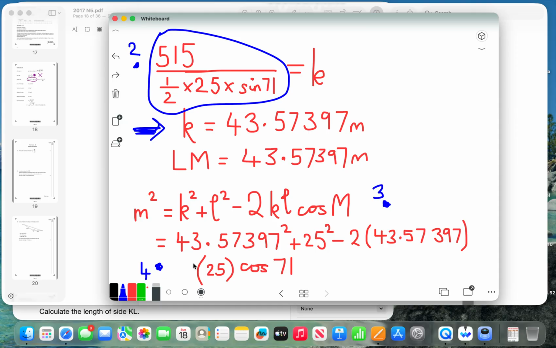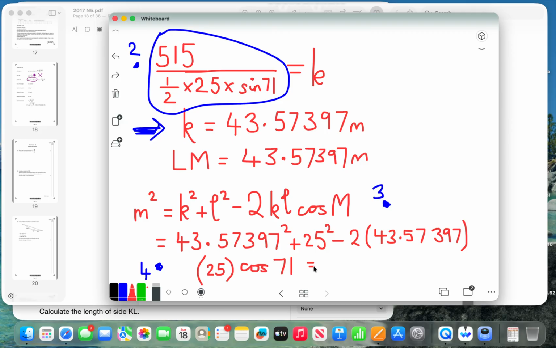And the last mark would be for the final answer. So we want to find the value of m squared. Make sure you know which terms have a squared and which don't have a power. So make sure you watch out for the terms that have to be squared.